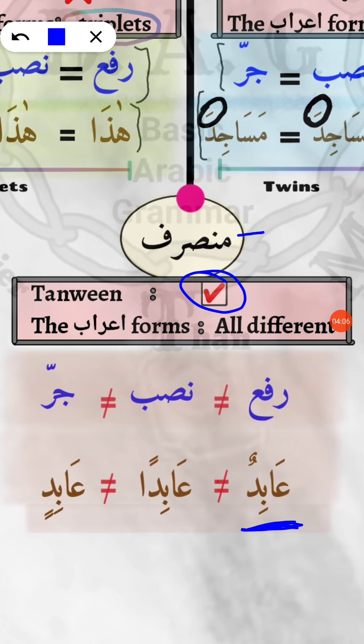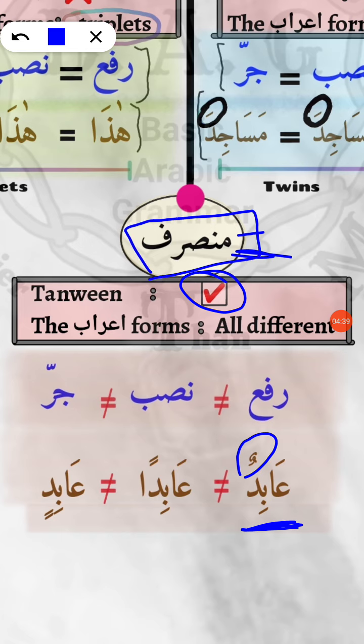So the word abidun, since it carries a tanween in its singular form, is characterized as munsarif. Now its derivatives may or may not carry tanween, but those derivatives are not the defining words for inclusion in this category of being munsarif. So if the singular root word is carrying a tanween, then that word falls in the category of munsarif ism.